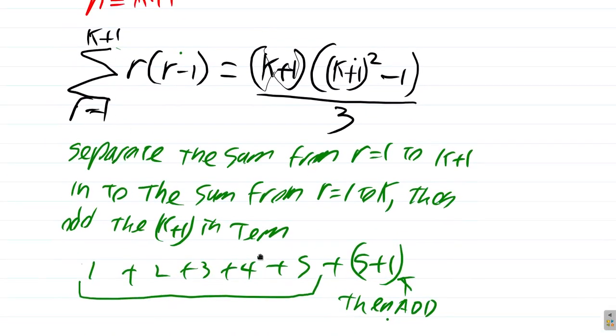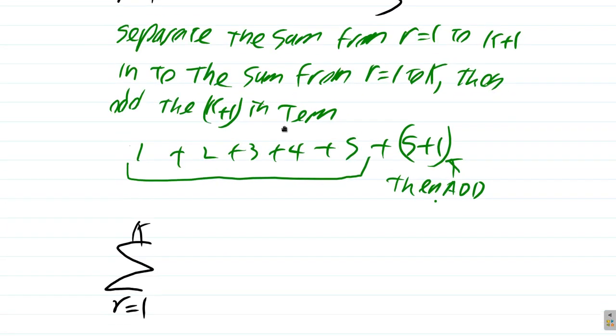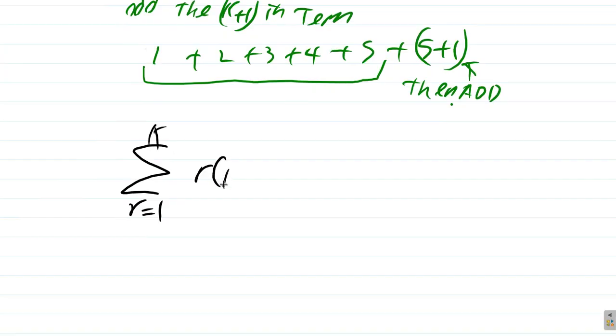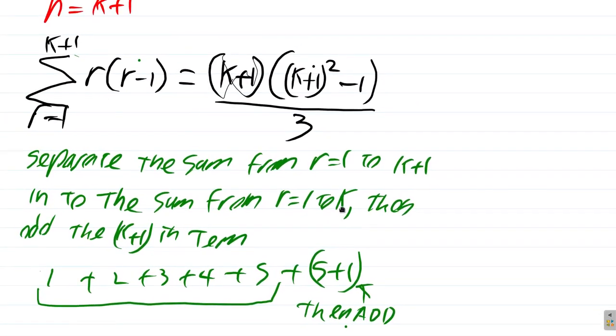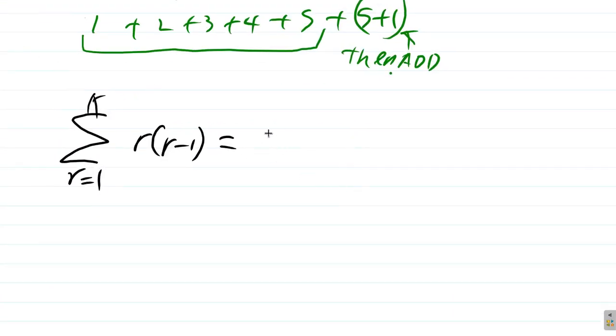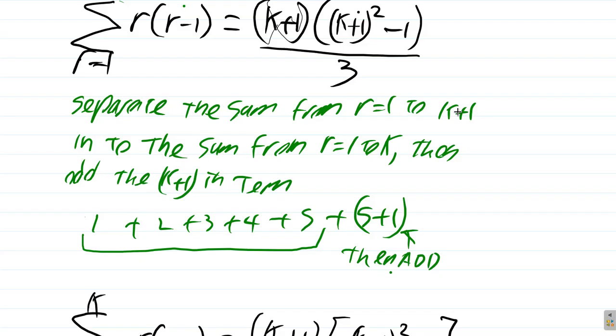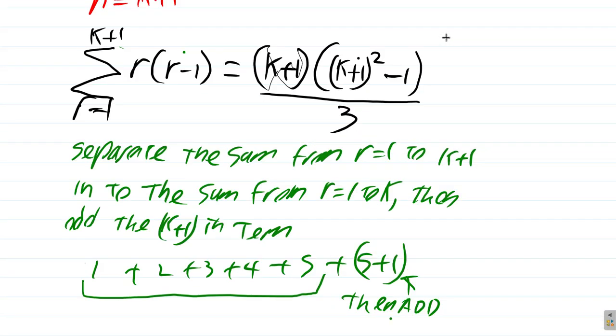So what you do is this now. You're going to sum from r equals 1 to k. Find the sum from r equals 1 to k of r minus 1 is equal to k plus 1, k plus 1 squared minus 1 over 3, alright?